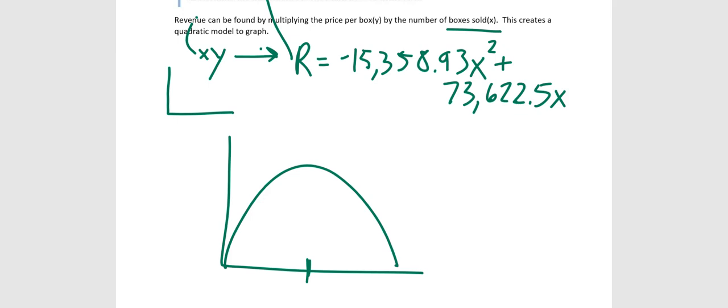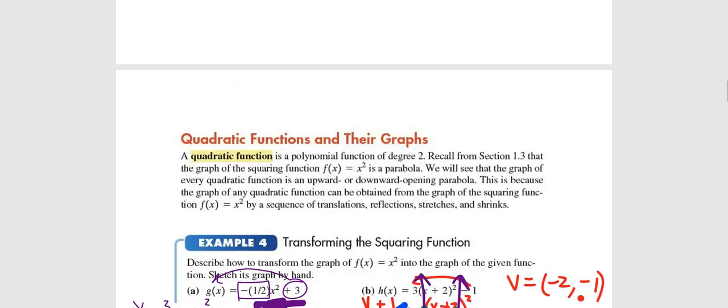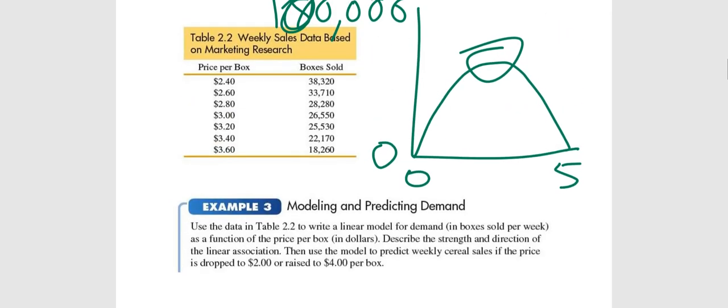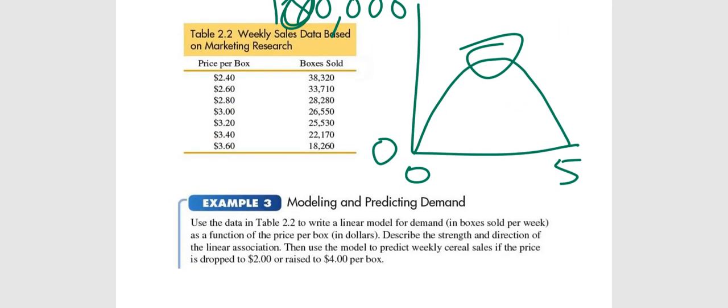I looked at the data back here, so that's why I went back and looked at the data, because in order to get revenue, I had to multiply these two things together.